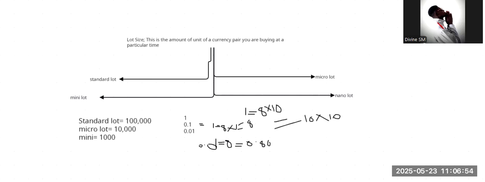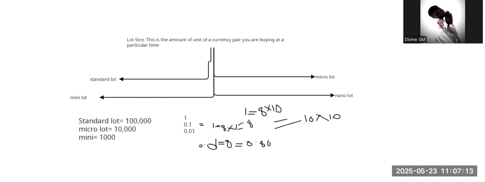When we are using one mini lot, if it moves 8 pips in our direction, we make 80 cents. If it moves 10 pips in our direction, we make $1.